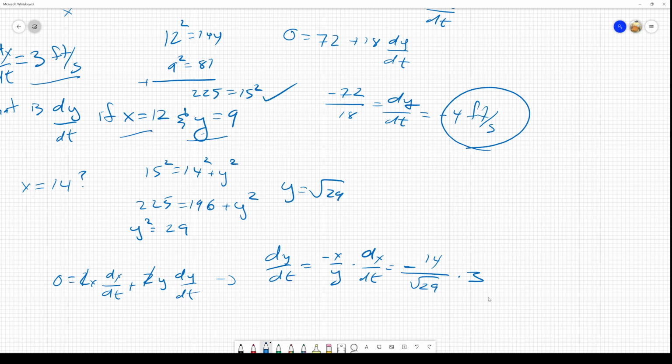I plugged this into a calculator, and I got that it is roughly equal to negative 7.799, so call it negative 7.8 feet per second. So it's speeding up, which makes sense.